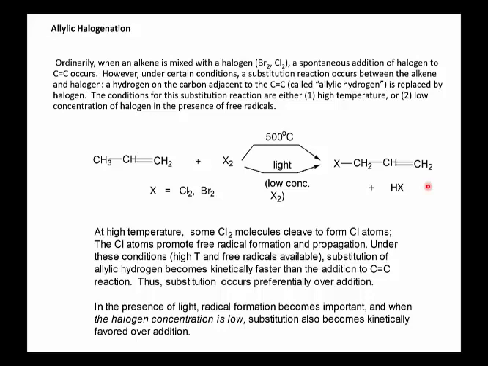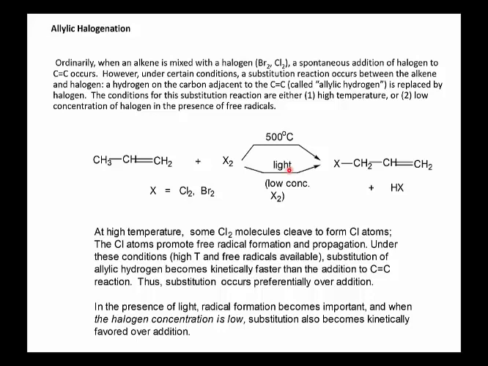What's going on is this. The clue to this is the pathway where we use light. Shining light through something suggests the formation of radicals. Indeed, that's what's going on. By shining light or using high temperature, we're going to form radicals. And there's going to be a free radical chain type of reaction whose energetics is more favorable than energetics for simple addition of halogen to the alkene.